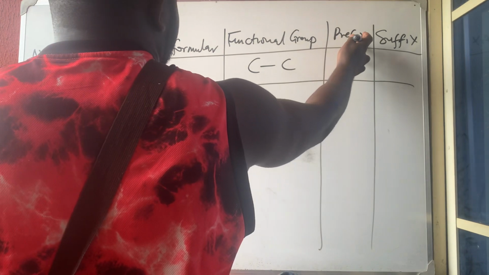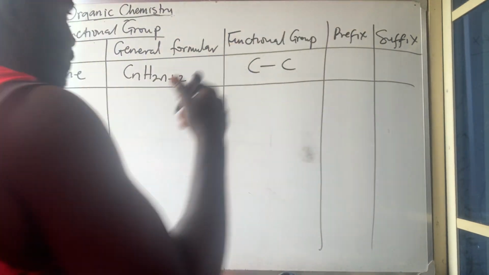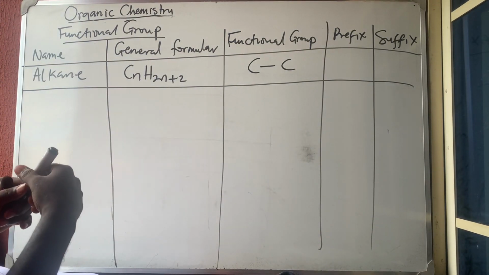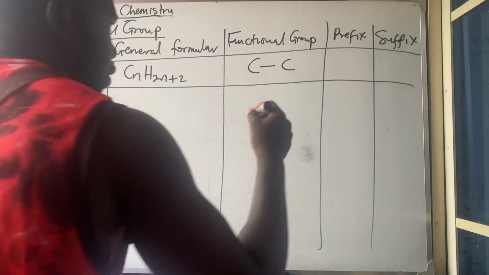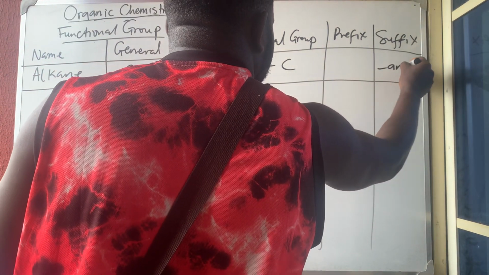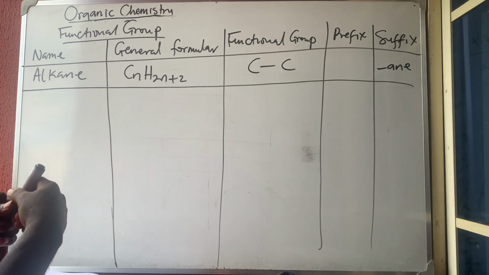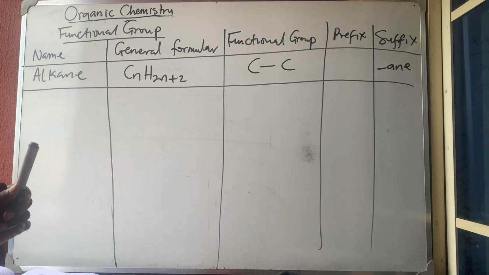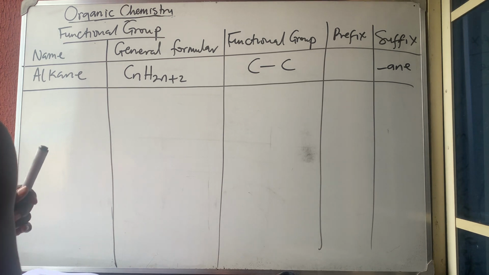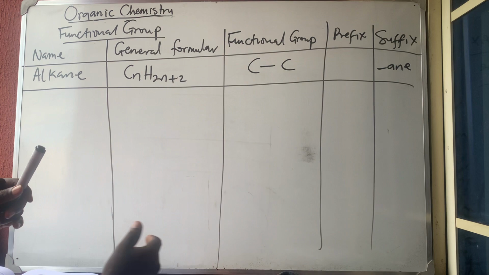They don't have a prefix. They just have the suffix, because they are always used as the parent name. The suffix is ane, like the way we say butane, pentane, or propane, that kind of thing.